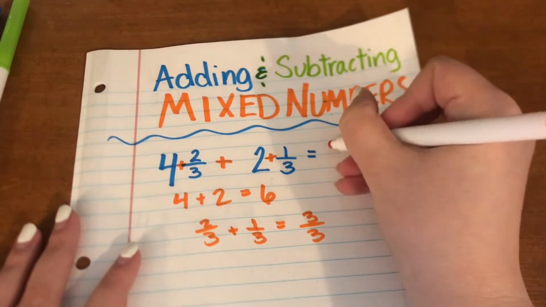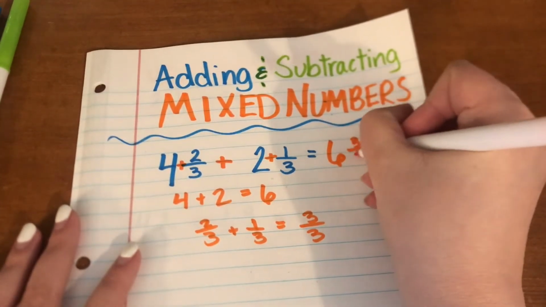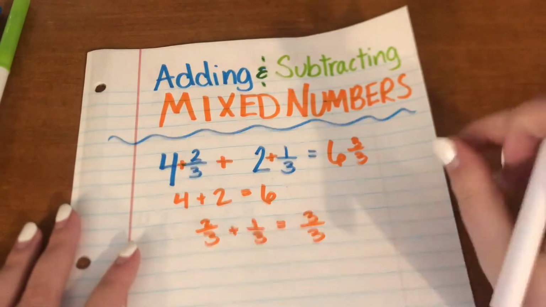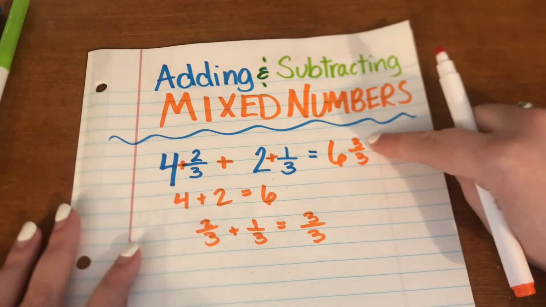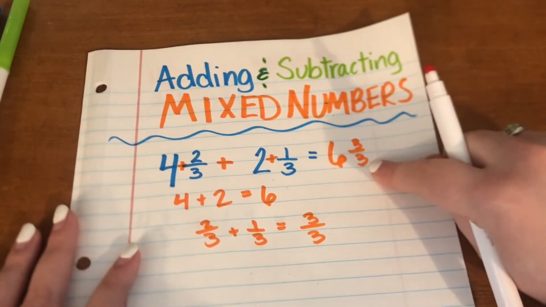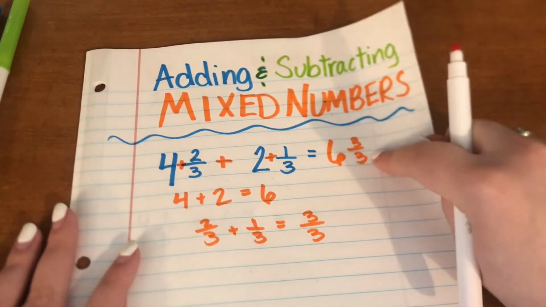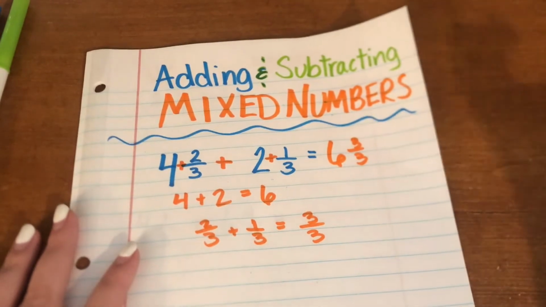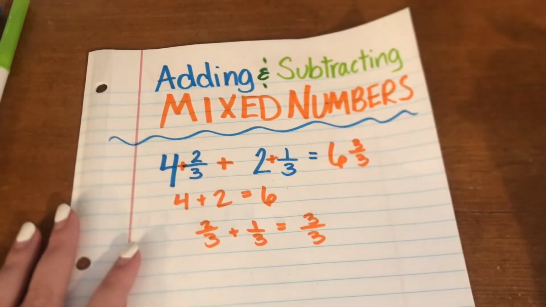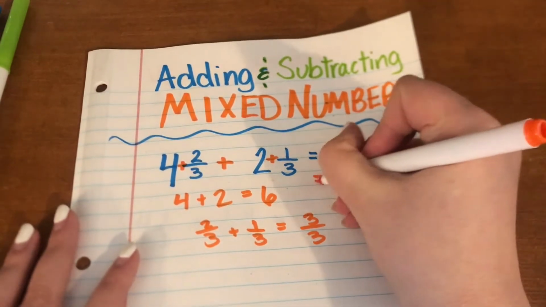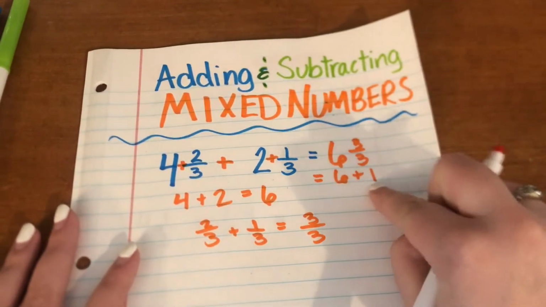So our answer could be 6 3/3, but I know many of you are already looking at this and knowing that when you have a 3 on your numerator and 3 on the bottom, when they match, we call that a whole fraction. So this 3/3 would be equal to 1 more whole. So it would be equal to 6 plus 1 more whole.